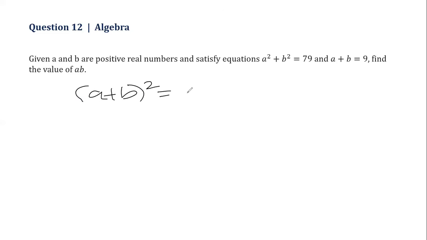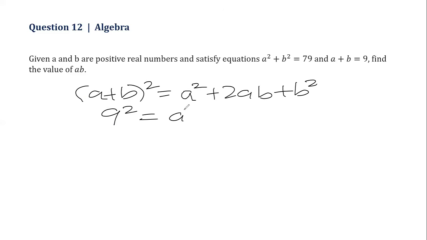Can anyone tell me what (A plus B) squared is equal to? It is A squared plus 2AB plus B squared. So A plus B, this is 9 squared.